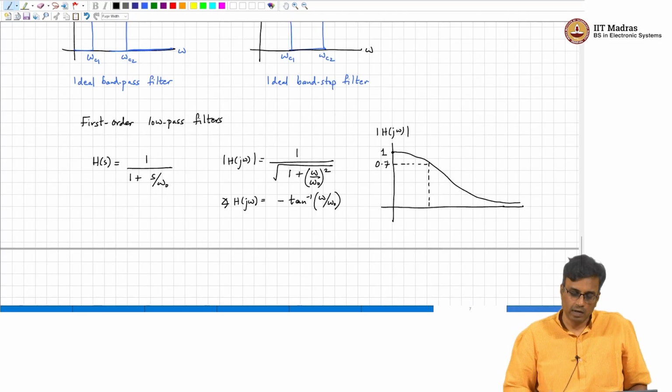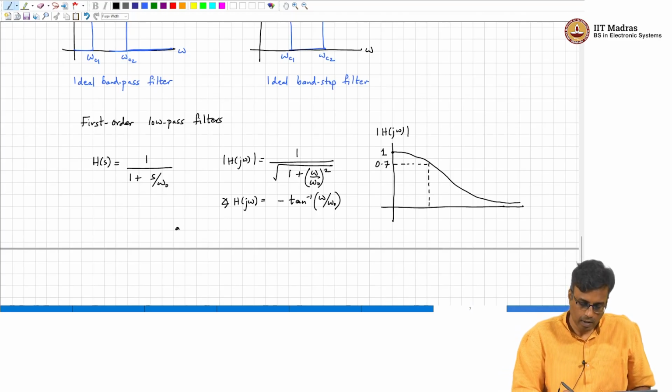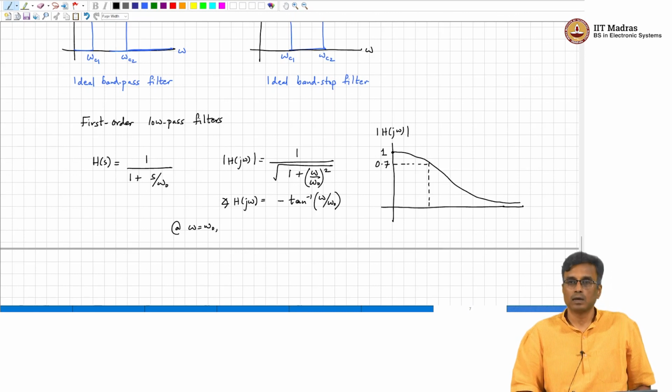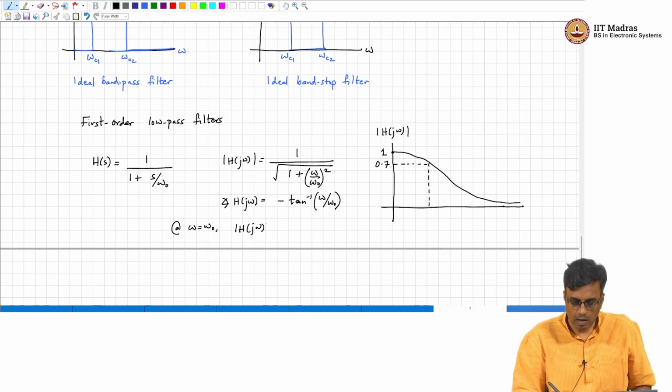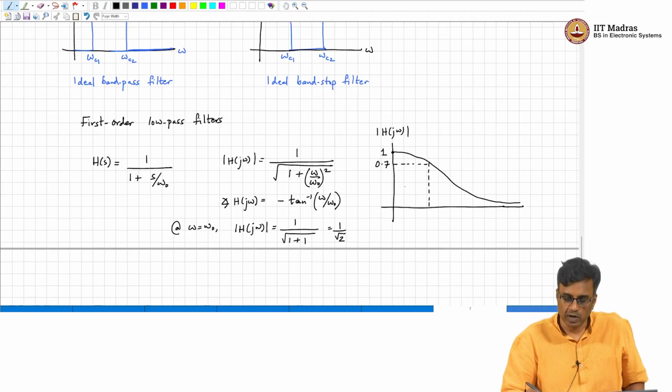At omega equal to omega naught, what comment can you make about mod H of j omega? It is 1 by square root of 1 plus 1, which is 1 by root 2, which is 0.707.